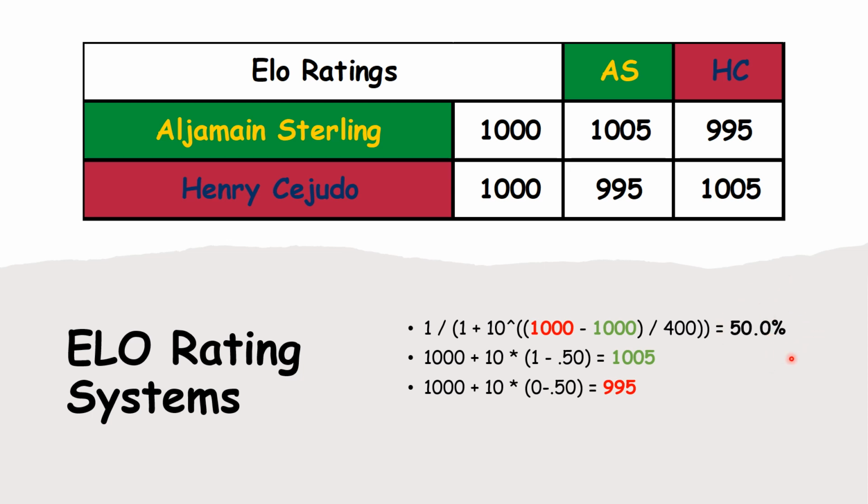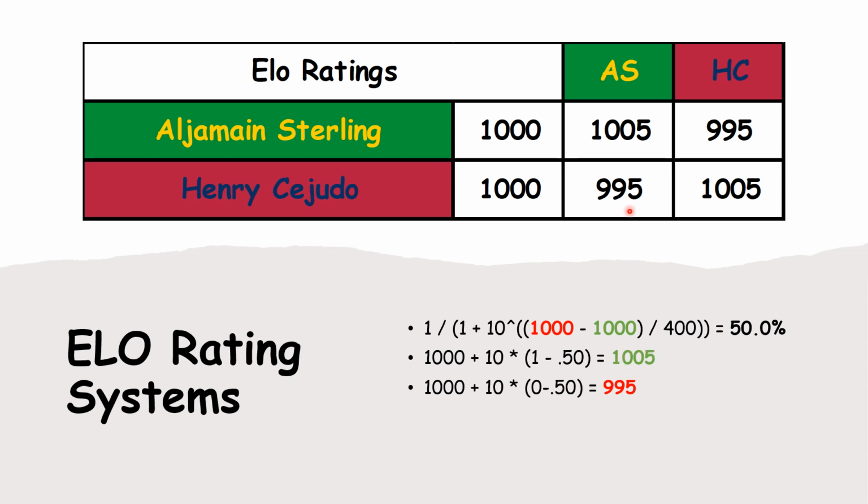Now, we're going to find out what if Aljamain wins the fight, which he did. Well, we would do the new ELO rating formula, which is 1000 plus the 10 multiplied by the 1 minus the 50% chance, and this gives us the 1005.